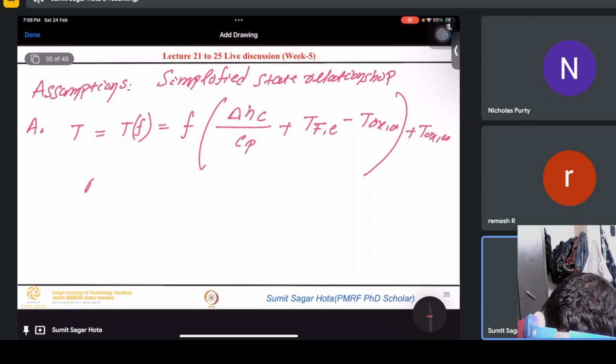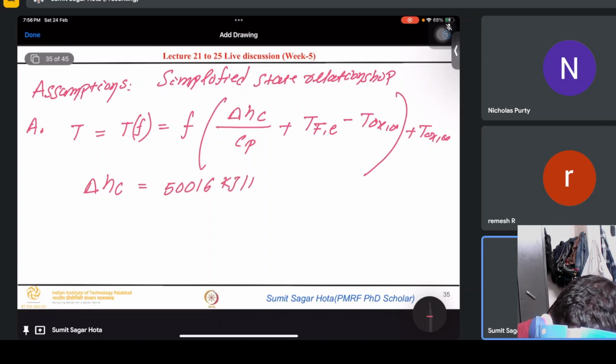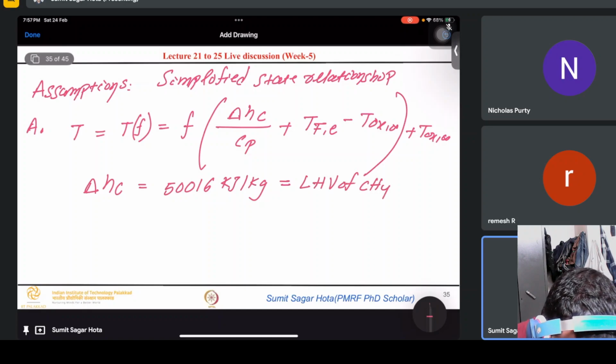So what is delta H? It is equal to 5016 kilojoule per kg, equal to your lower heating value, whatever is from the appendix.